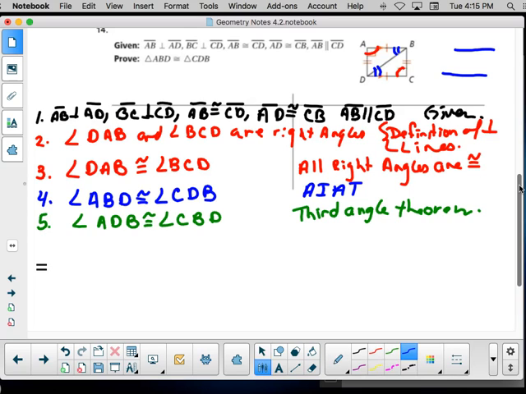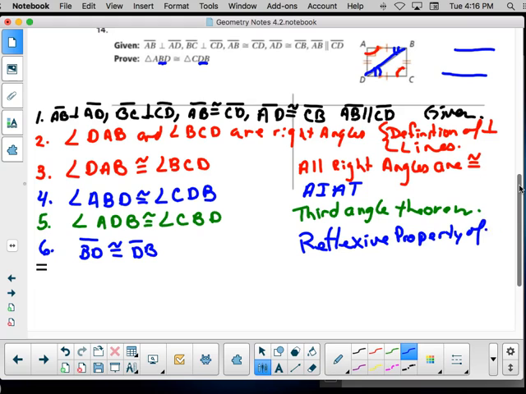The side here is congruent to itself because of reflexive. Because again, DB and BD switch in the congruent statement, I switch them in the reflexive statement. So segment BD is congruent to segment DB because of reflexive property of congruence.